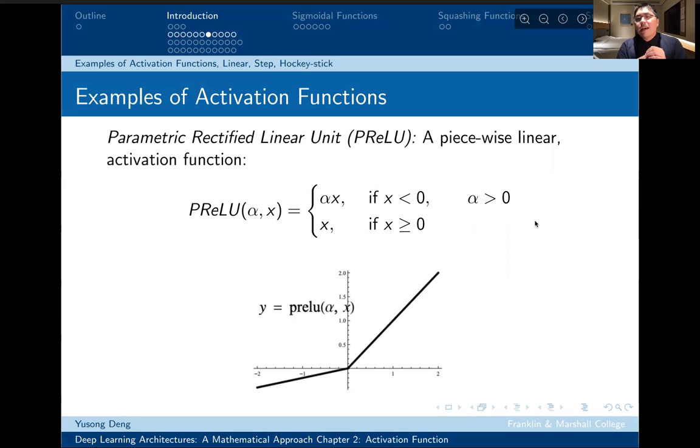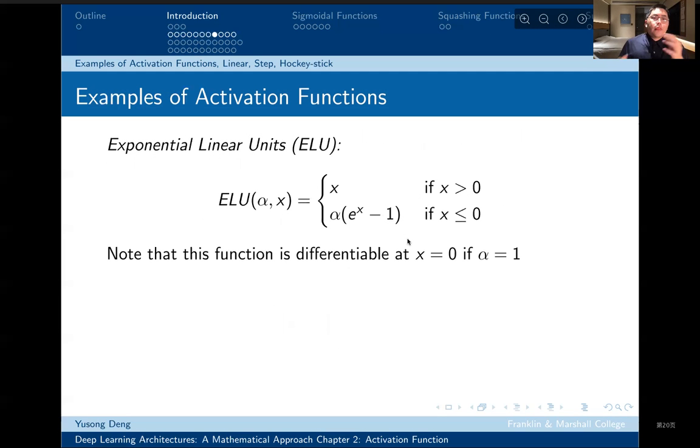It's a piecewise linear activation function. We have a parameter here, alpha, and it equals alpha x if x is smaller than 0, where alpha needs to be greater than 0, and x if x is greater than 0.